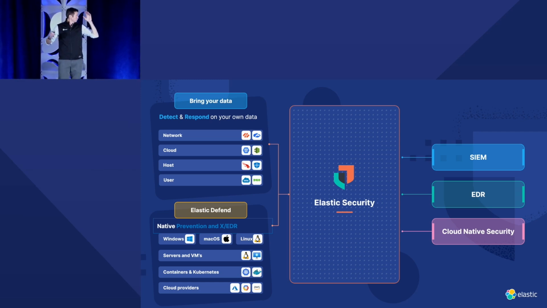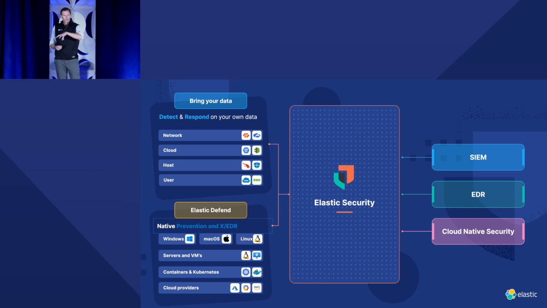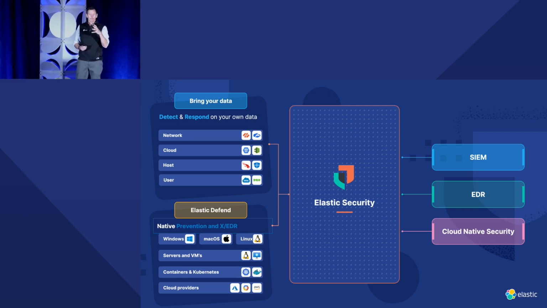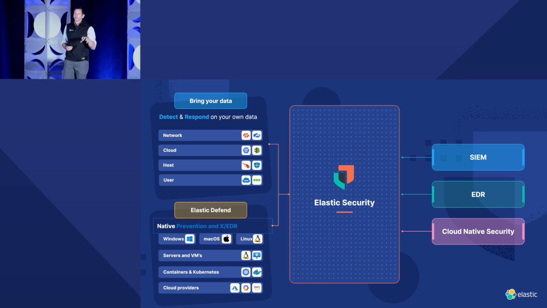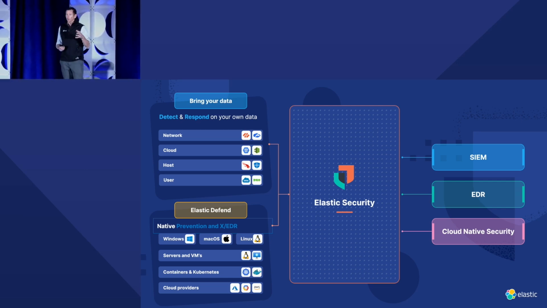On the left-hand side of the slide, you could bring in all your own data. So maybe you're running your own endpoint solution, maybe you're running your network aggregation, your logging tools. Bring all of that data in, analyze it in the stack, or leverage our Elastic Defend capabilities for prevention, EDR detection, and response as well.